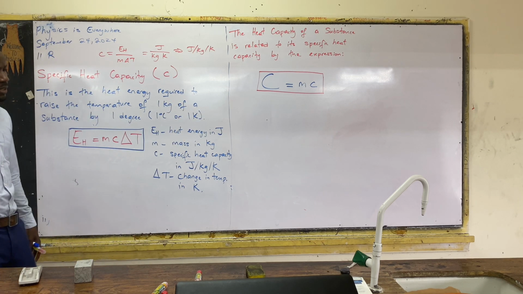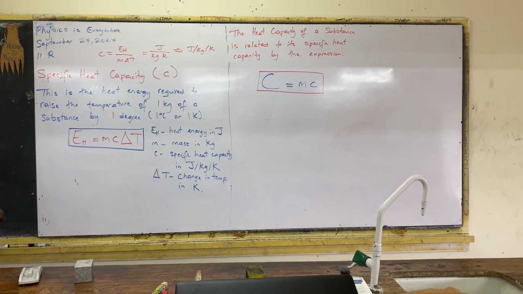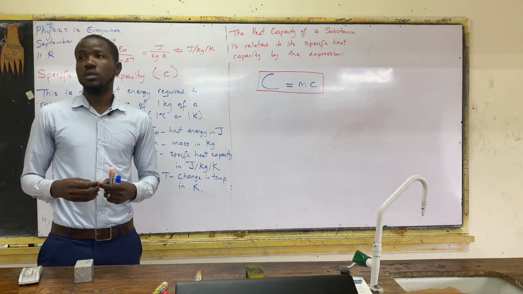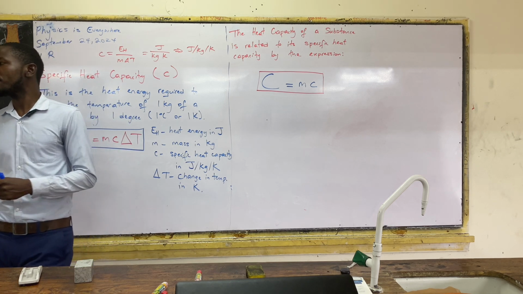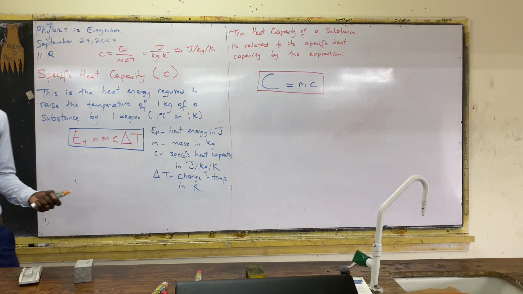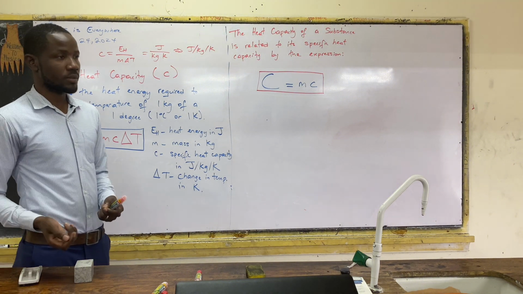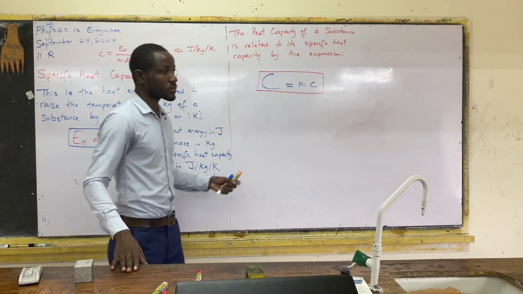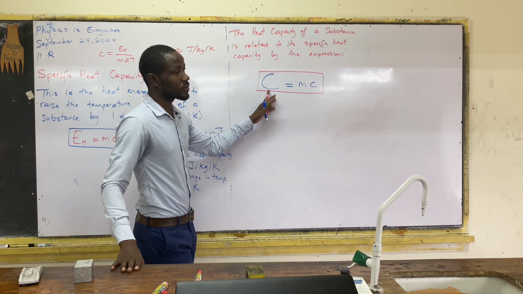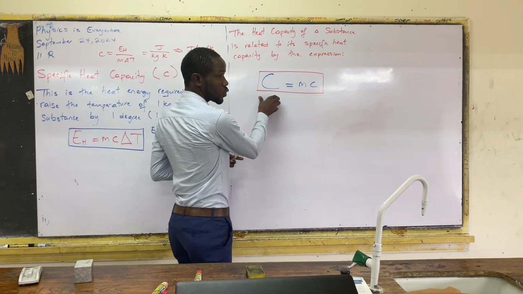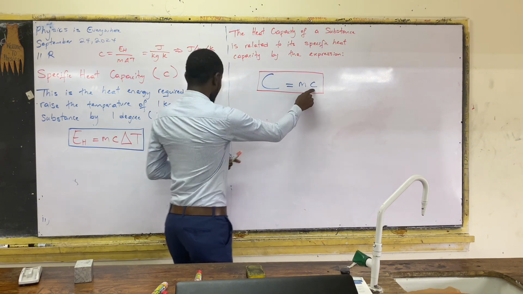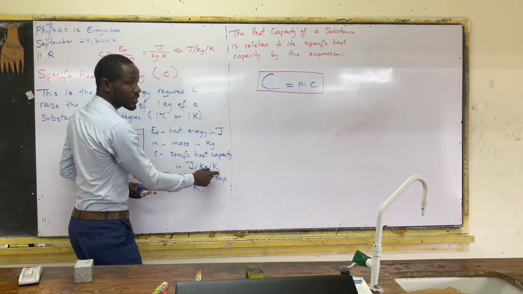We're going to look at one example, and then flow into talking about how we can find the heat capacity of a substance experimentally. This is joule per Kelvin, because this side would be joule per kilogram per Kelvin times kilogram.